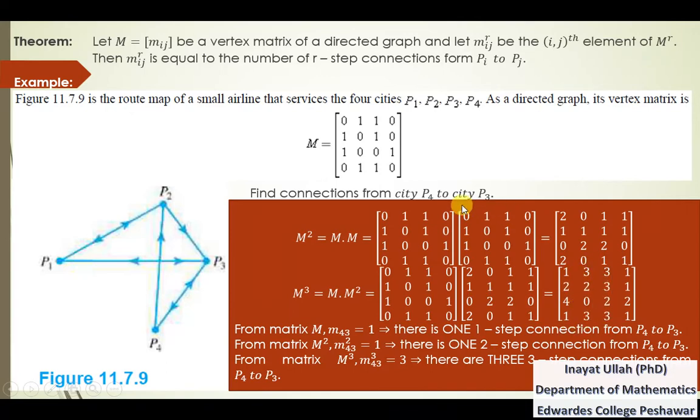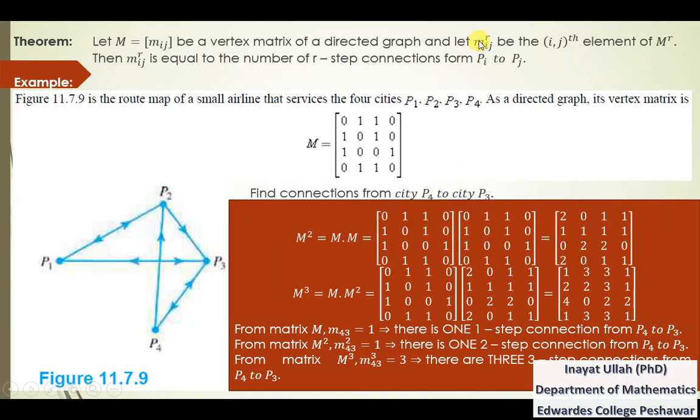Now just look at this connection. We need to find the connection from P4 to P3.